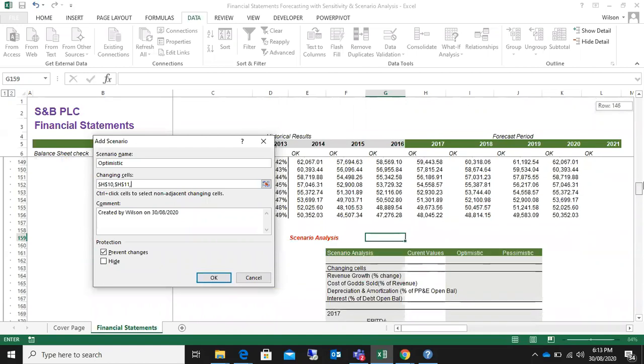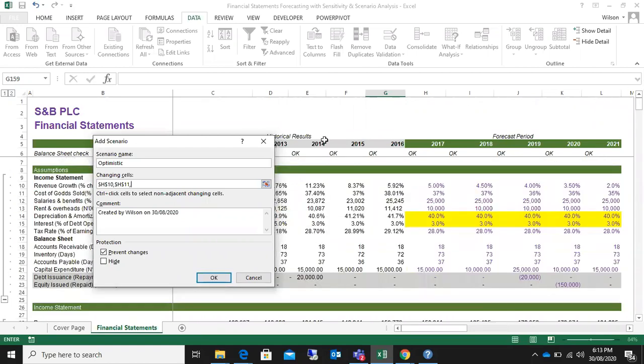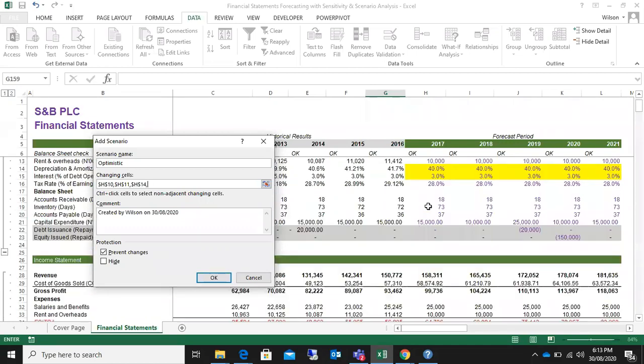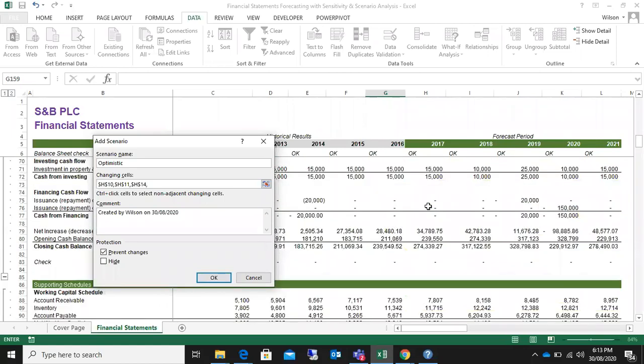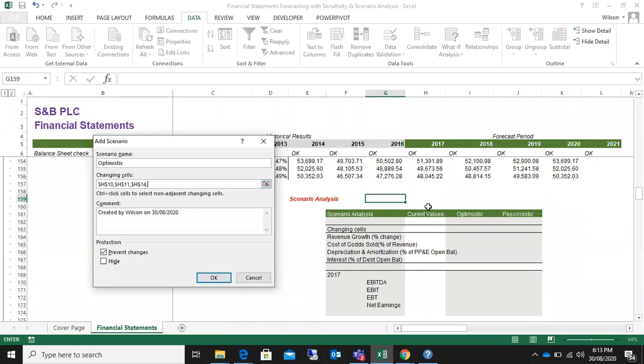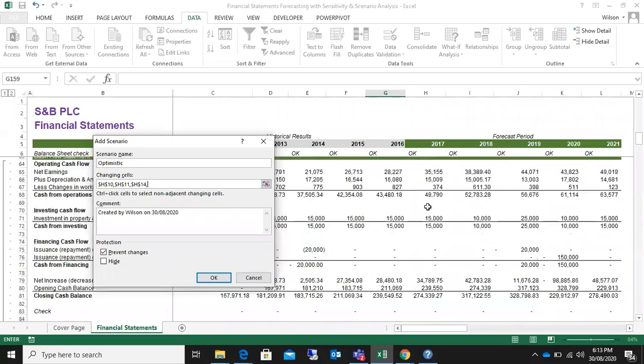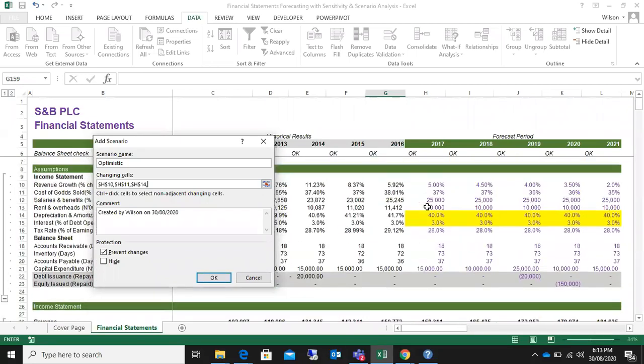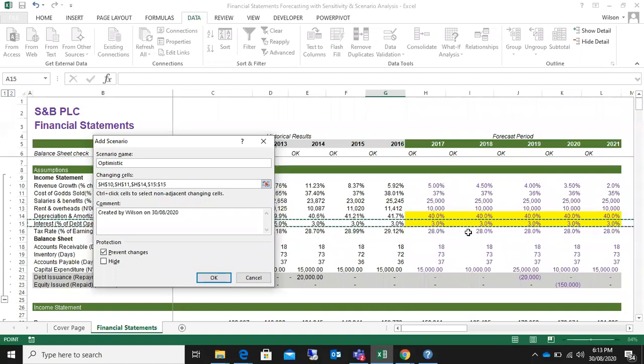Depreciation and amortization, that's this row. You pick this, then you say comma. What's the next thing we are picking? We are picking interest. So let's see, that's this.